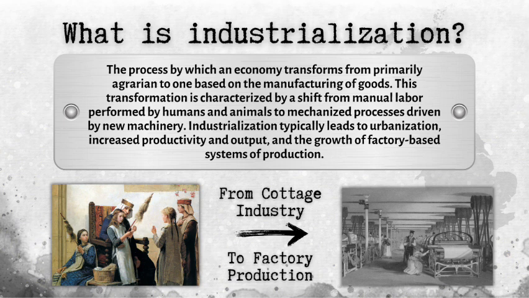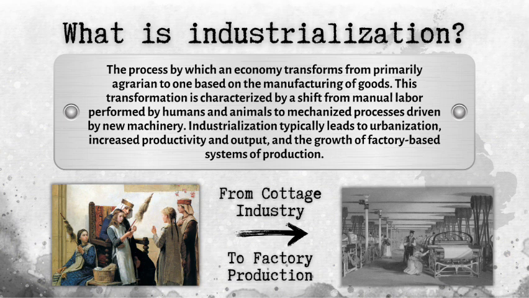Now, prior to the Industrial Revolution, Britain largely operated on the cottage industry model, where production was manual, decentralized, and based in homes or small workshops. The advent of new machinery such as the spinning jenny and the power loom made mass production possible, necessitating larger facilities like factories.